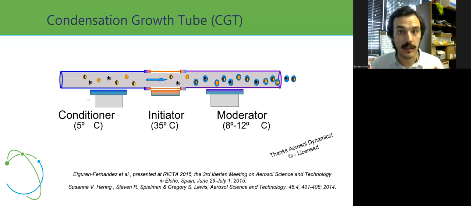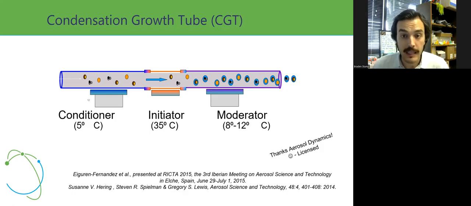Effectively, the core of the technology that we license is a thing called a condensation growth tube. This water condensation growth tube sampling technique is something that our team licensed from Aerosol Dynamics. So thank you to the whole crew over there, Suzanne, Aranza, Steve, Greg, Nathan, everybody.